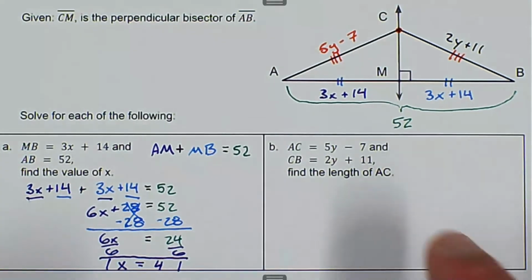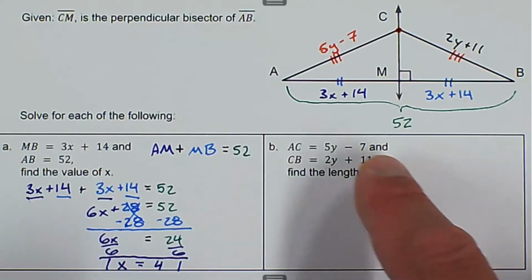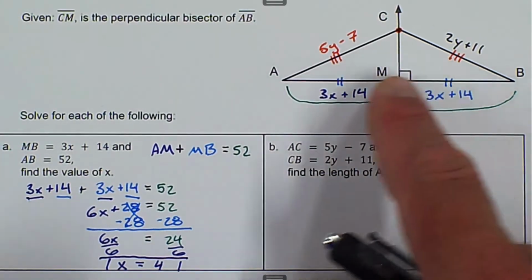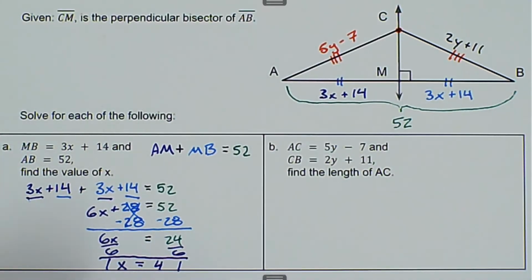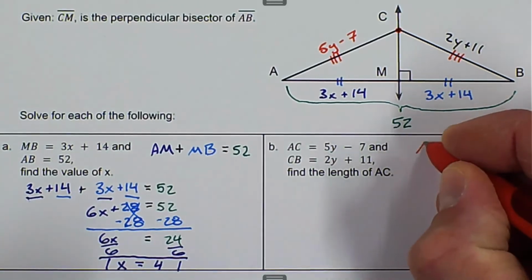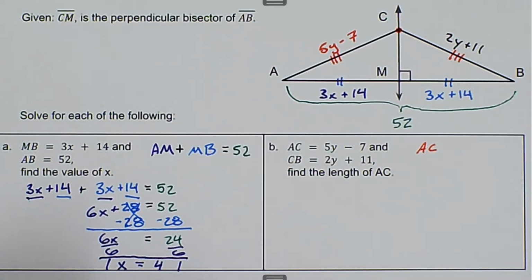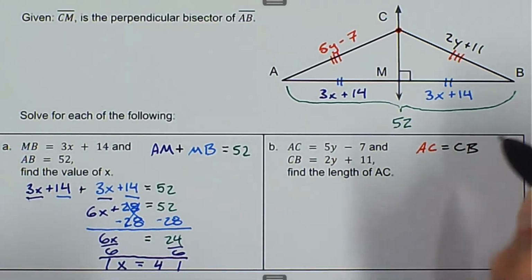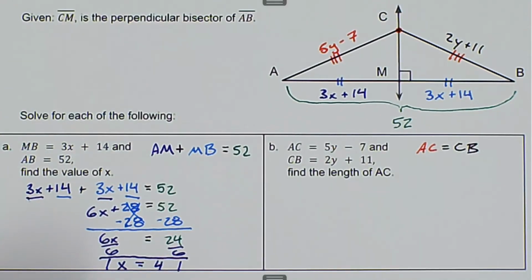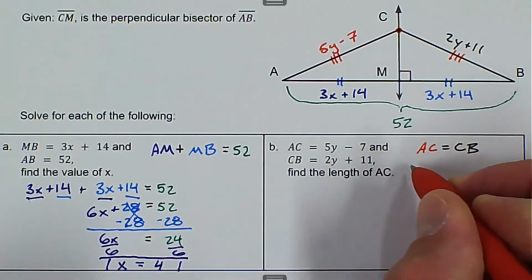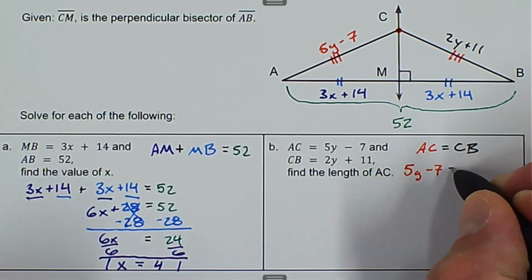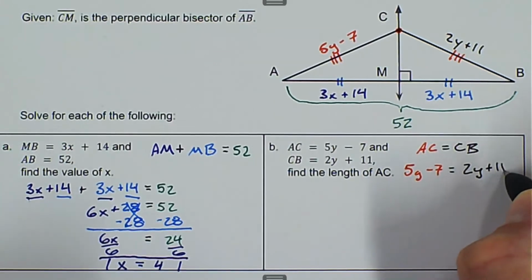We want to find the length of AC, the length from A to C. In this case, we can set up basically our congruent statement. We can say that AC is equal to CB. Then we can substitute in the values that we know. AC is equal to 5y minus 7, and CB is equal to 2y plus 11.